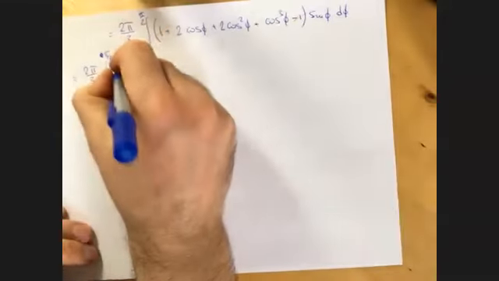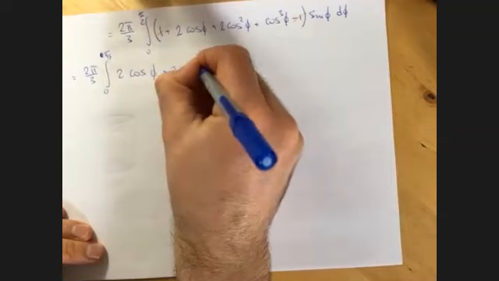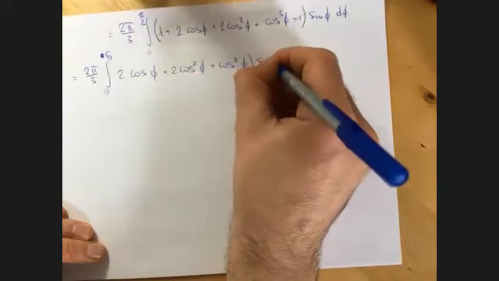Then I have 2 times cosine of phi plus 2 times cosine squared of phi plus cosine cubed of phi times sine of phi d phi.